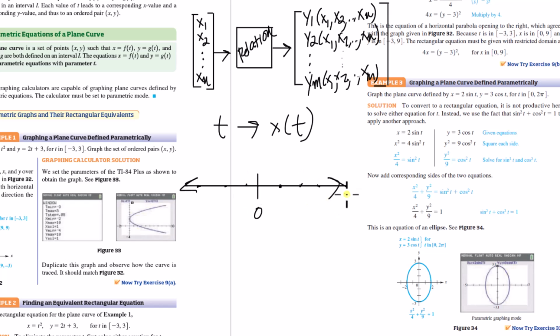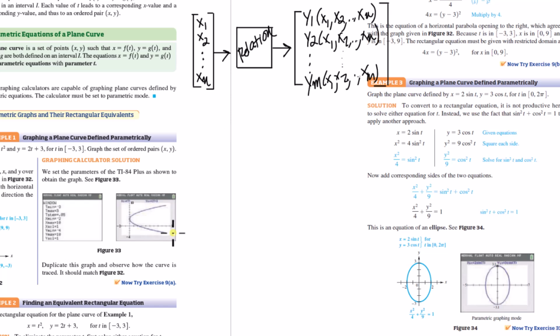You see, time is in the background. There's no time out here on this graph. The way we're analyzing or viewing this relation or function, the inputs are not included in our direct view of the outputs.